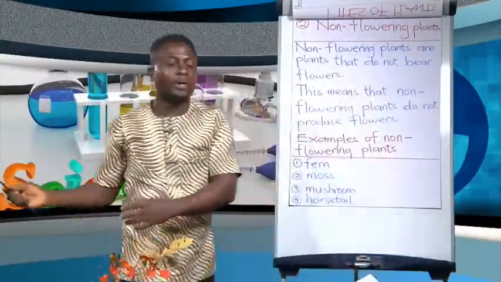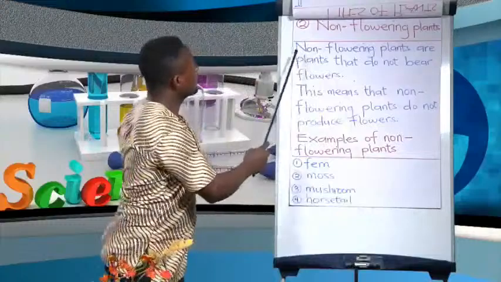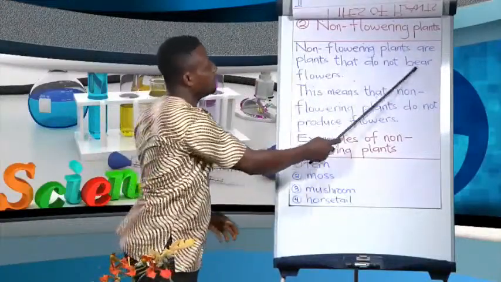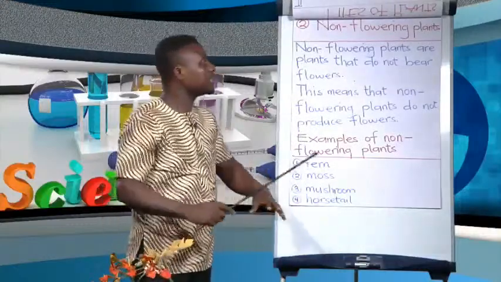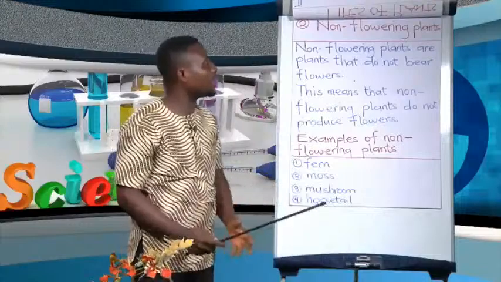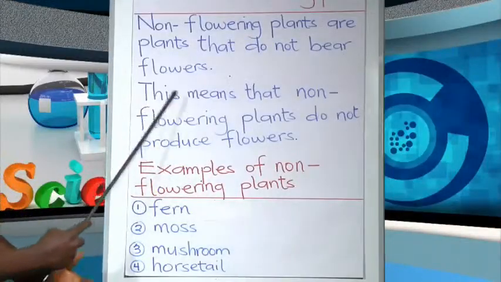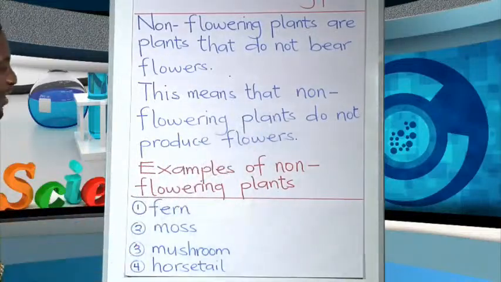Let's read what is here. With the help of the picture, it says non-flowering plants are plants that do not bear flowers. From the examples, we saw that all the plants that we have do not bear flowers. So this means that non-flowering plants do not produce flowers.